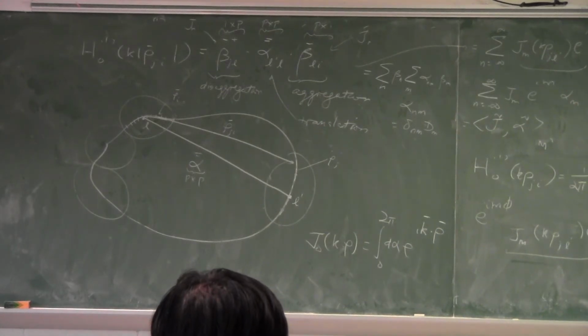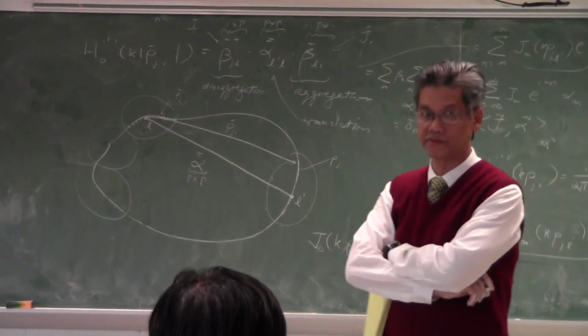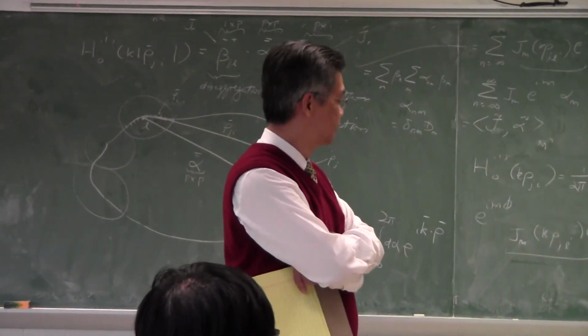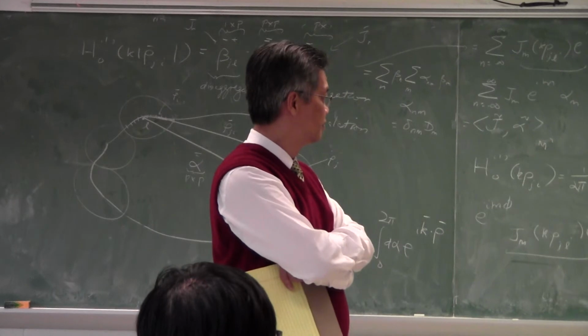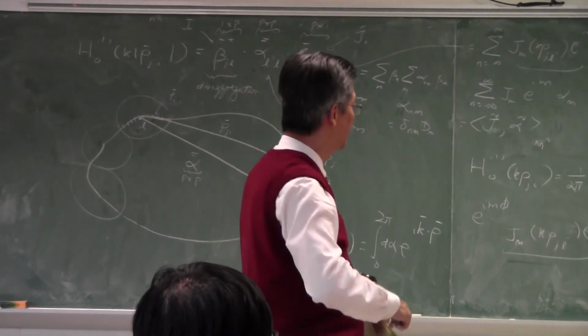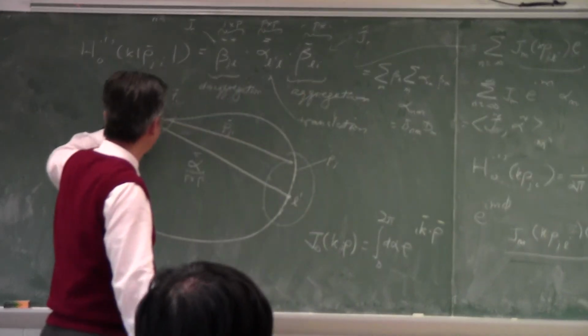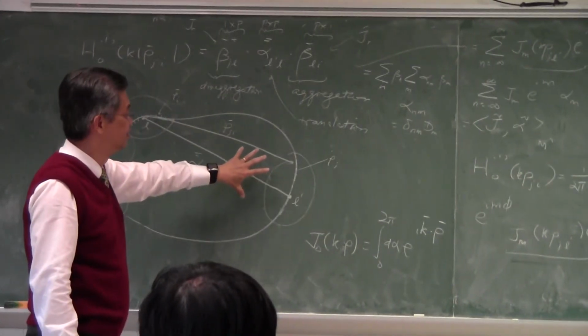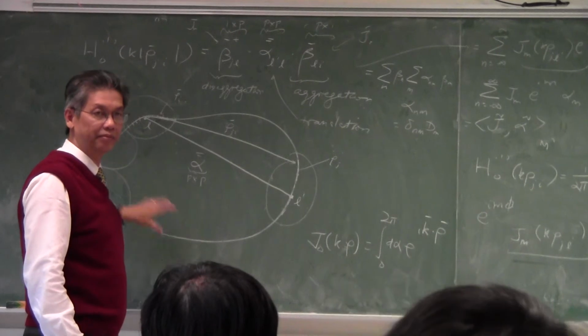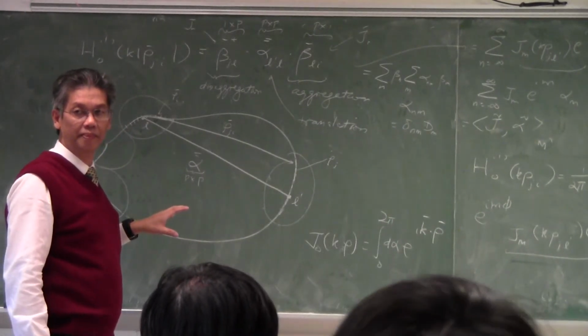No two summations. And this calculation hence is a lot cheaper than this original calculation. So I can aggregate, translate, disaggregate, but the translation part is a lot cheaper.